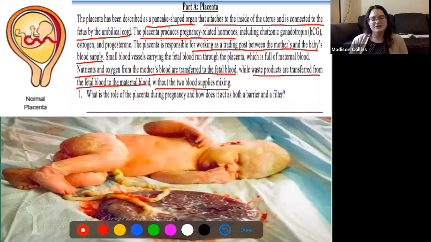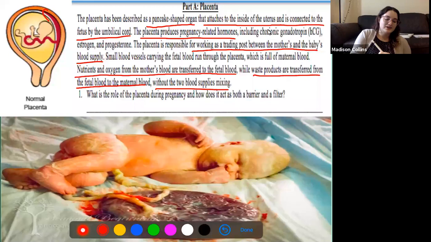So now, using that information, go ahead and answer number 1. What is the role of the placenta during pregnancy, and how does it act as both a barrier and a filter? I know this diagram that I've got on my screen is not the same as the one on yours, but they're similar enough. You can see that this pancake-shaped organ on the side of the uterus is what we know as the placenta.